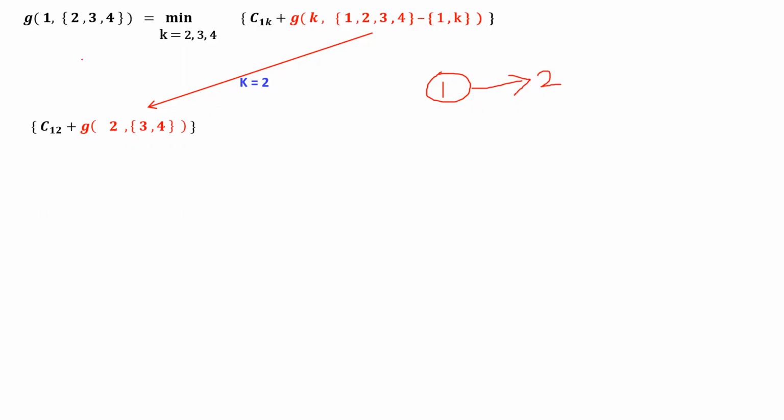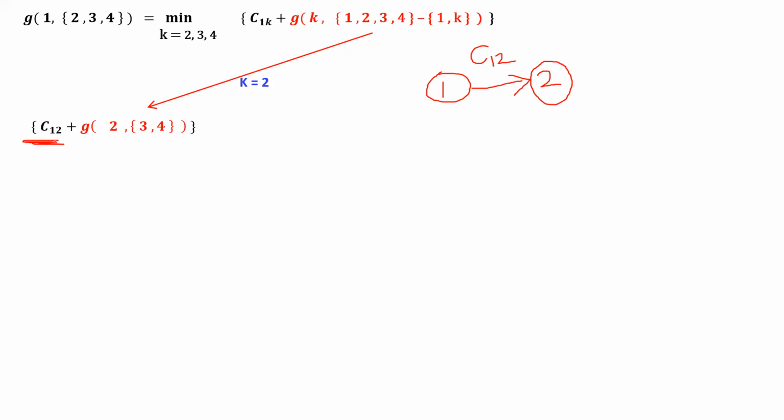So here then if you have decided to travel to city number 2, then what is the distance between city number 1 and 2? It will be C12, the weight of that edge that represents the distance between 1 and 2. So this is here C of 1 comma 2, the distance between city 1 and 2.